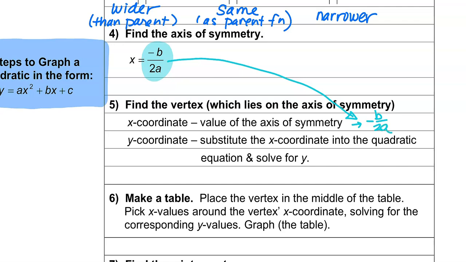The y-coordinate, you substitute the x-coordinate into the quadratic equation and solve for y. So we'll go through all these examples.